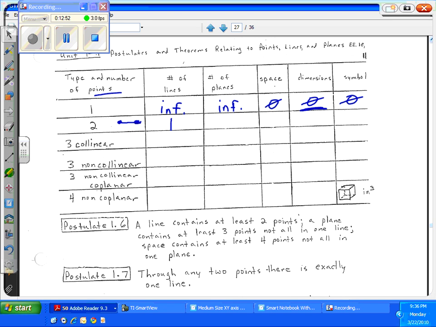There's an infinite number of planes from all directions that you could run through that. Space has not yet been determined. This object we've created is 1 dimension, length. So now we have created 1 dimension, and that dimension we call length.